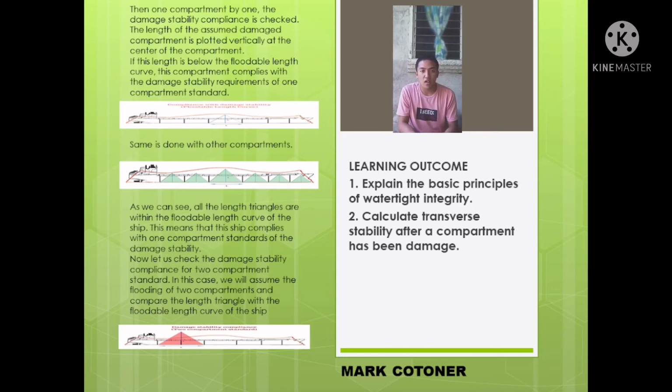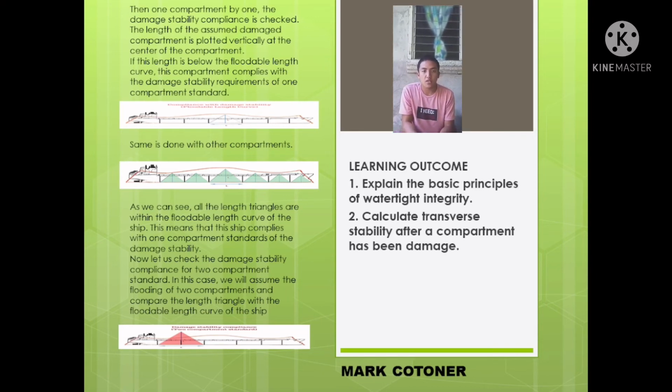The length of the assumed damage compartment is plotted vertically at the center of the compartment. If this length triangle is below the floatable length curve, this compartment complies with the damage stability requirements of the one compartment standard.